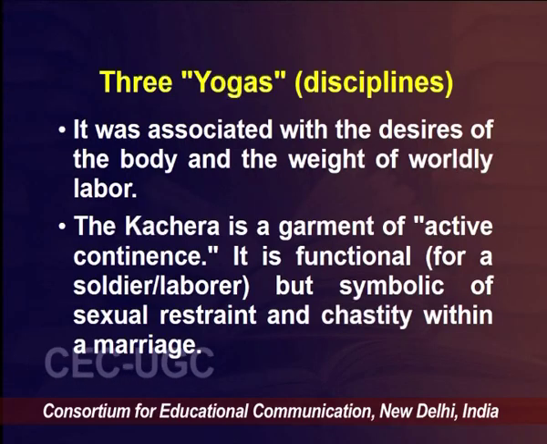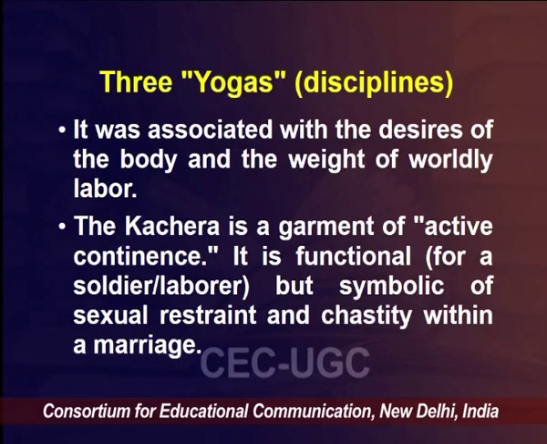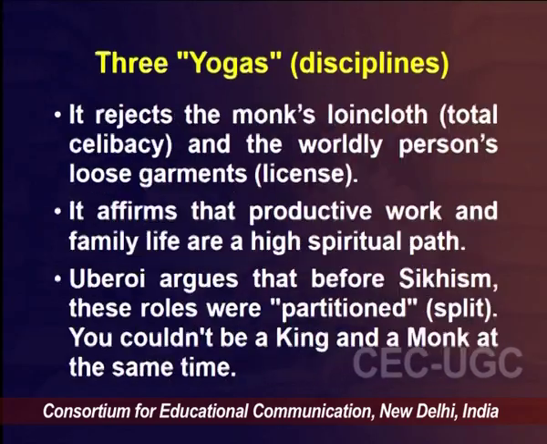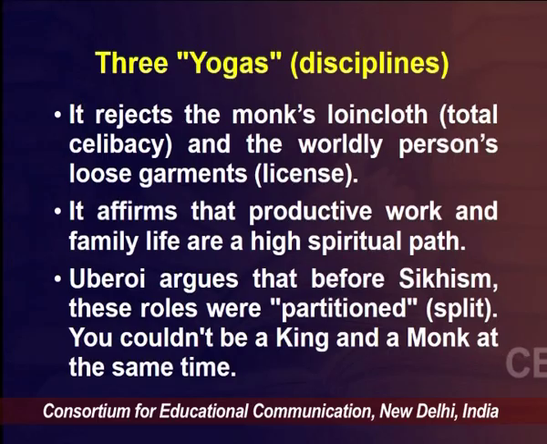So, again there is a moral code where sexuality is only for the purpose of procreation. It rejects the monk's loincloth, total celibacy, and the worldly person's loose garment, that is the license. It affirms that productive work and family life are a high spiritual path.